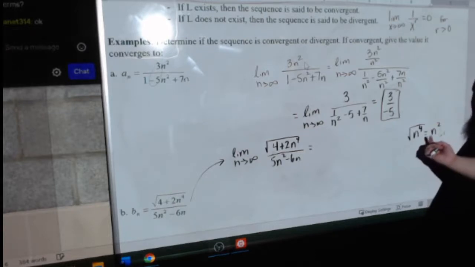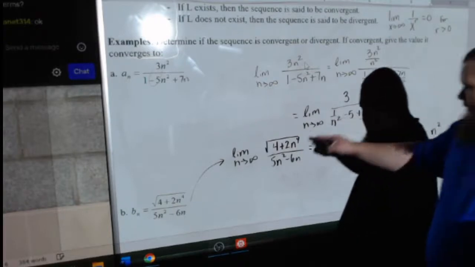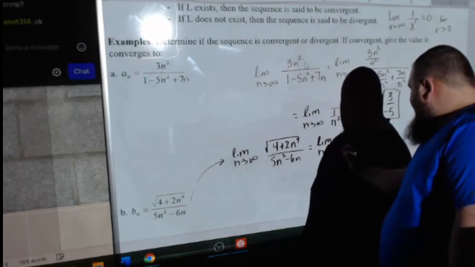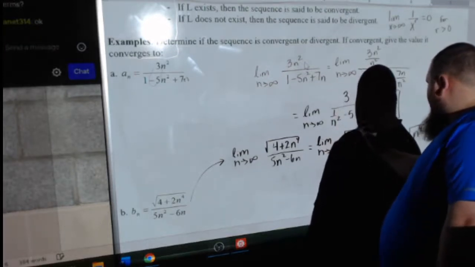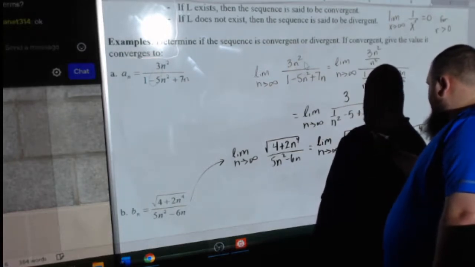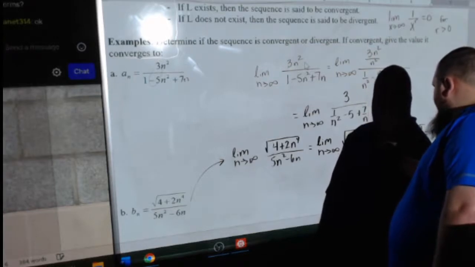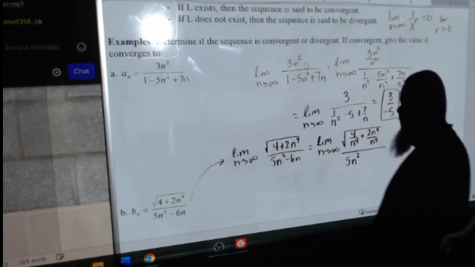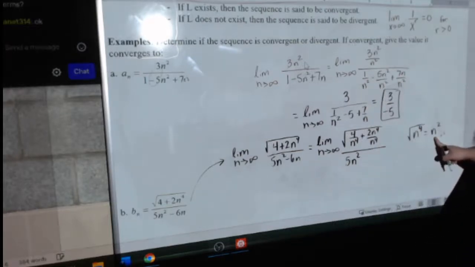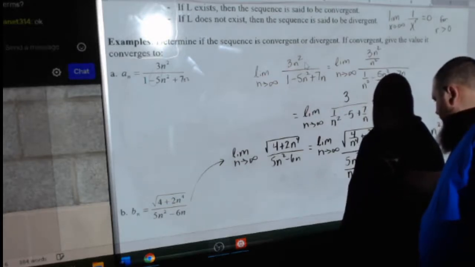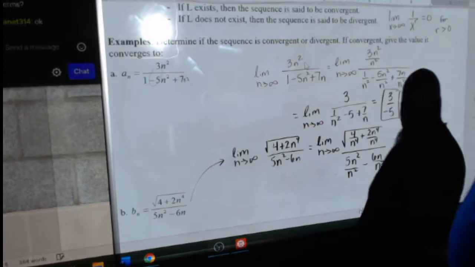So if I put n squared in the radical, it becomes n to the 4th. So this is the limit as n approaches infinity of the square root of 4 divided by n to the 4th plus 2n to the 4th over n to the 4th, all divided by, on the outside, n squared. So this is divided by n squared, and this is n squared.